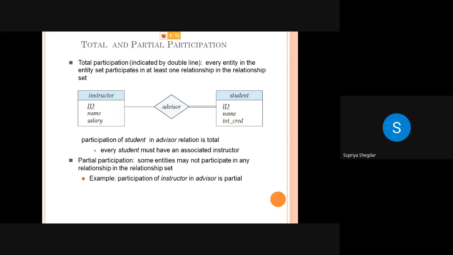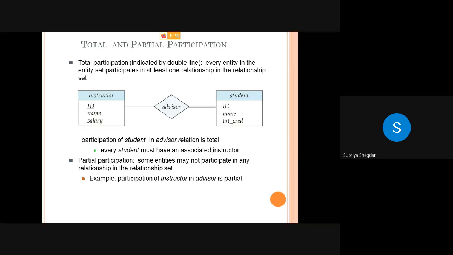The total and partial participation is also part of the relationship or mapping cardinality. The total participation is indicated by the double line between the entity set and the relationship set. Total participation means every entity in the entity set participates in at least one relationship in the relationship set.